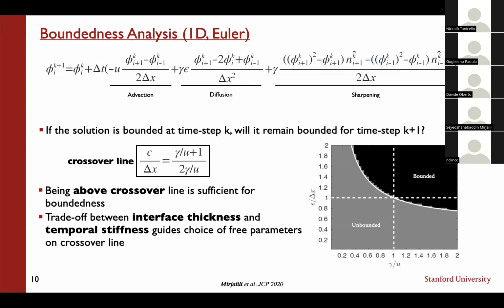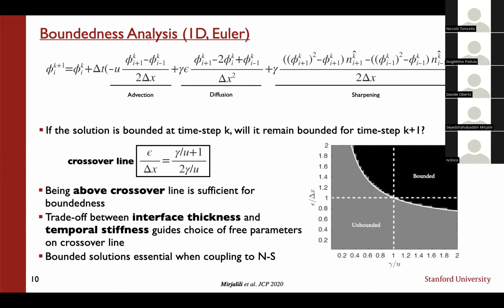And so the main message here is that you get boundedness for free. You don't need to take this mass that you lost somewhere and redistribute it to regain conservation. And the main benefit of this is that when you couple this to Navier-Stokes, phi and rho are linearly related.